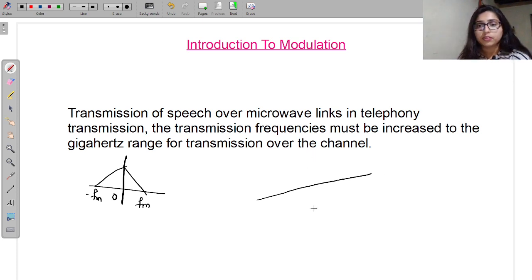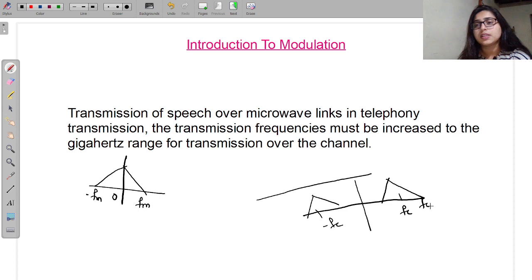Somewhere like this: fc, and this is minus fc, with fc plus fm and fc minus fm.